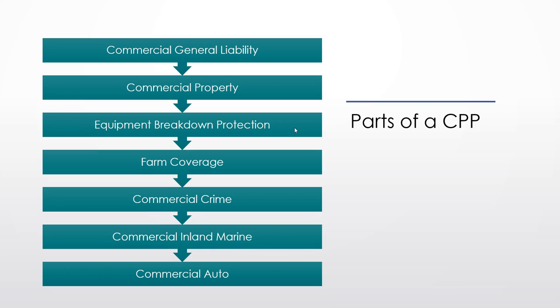So you may want to just look into that and make sure that it's not being called something different in your state. But anyhow, those are the coverages, and if you select two or more of these coverages for a policy, then it would be a commercial package policy.